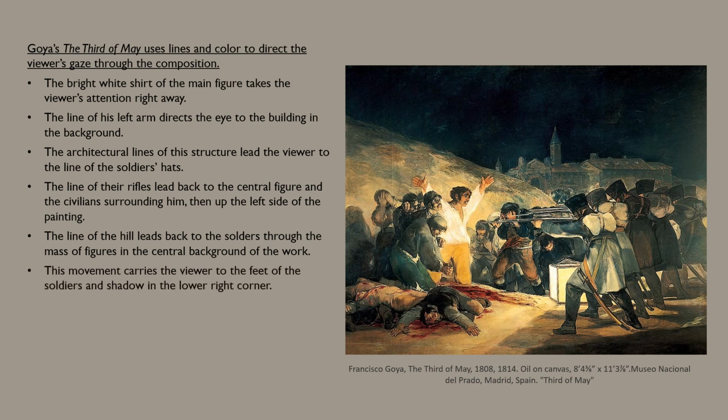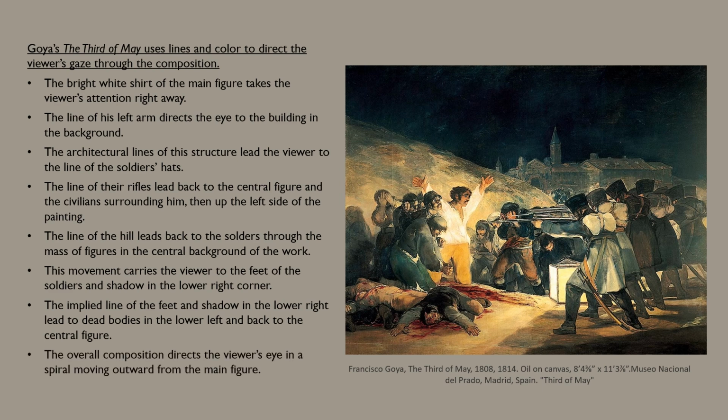And then right by the feet, there's this dark shadow, which is then moving to the left, which then brings us around back from the right side to the left side of the composition. And that's where we then encounter the red, and we see these dead bodies, right? And this red then leads us back through the yellow of the central figure to right where we started in the painting.